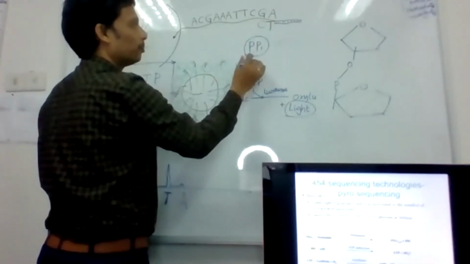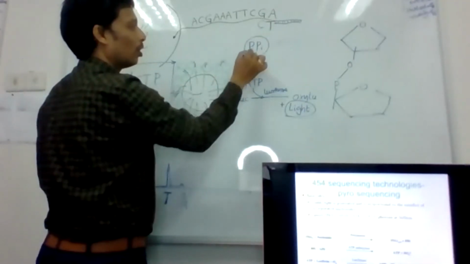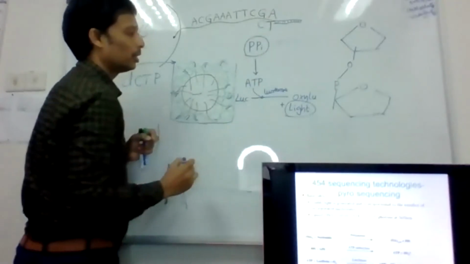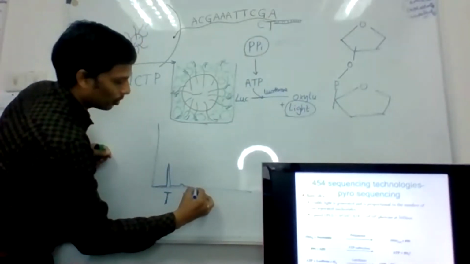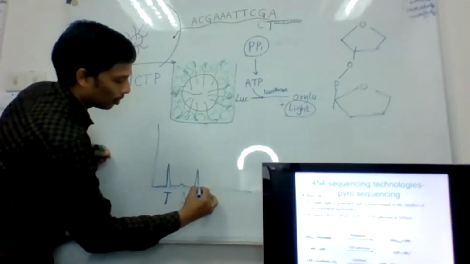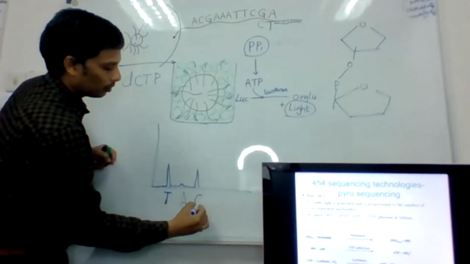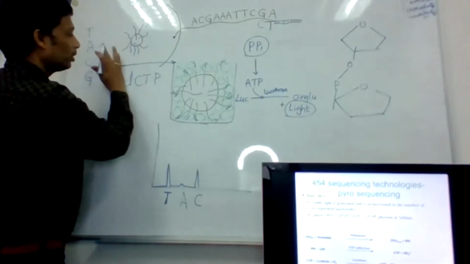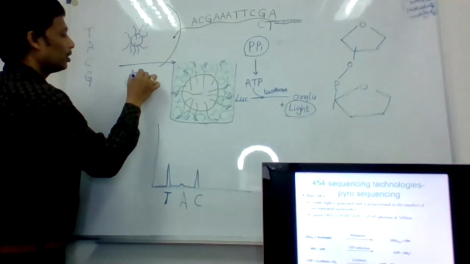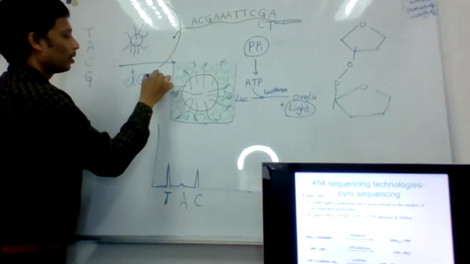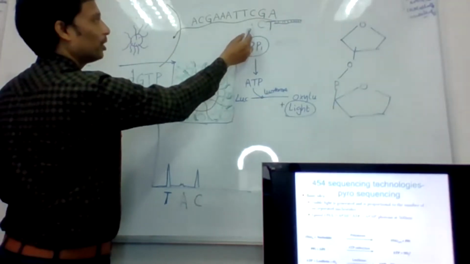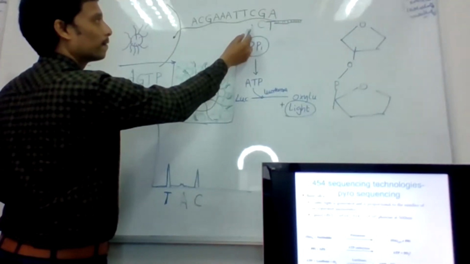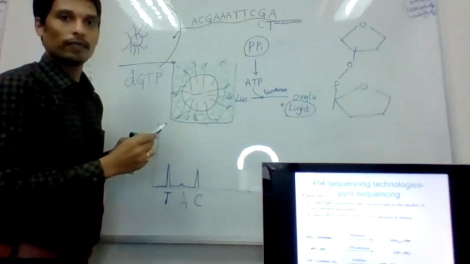When you add C, automatically all these reactions will lead to light. And when you add C, there is a light. Then you flush this one, remove it, and you add DGTP. When you add GTP, will G be added here?